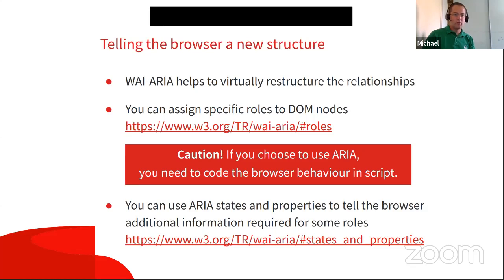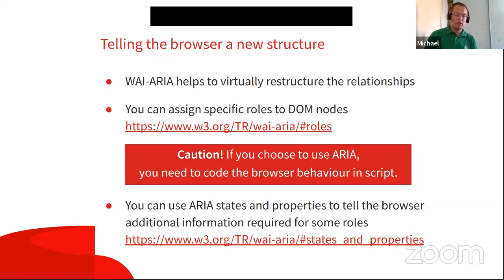Telling the browser the new structure was not that easy, but we figured out that here also ARIA helps to virtually restructure the relationships. And so we were able to find roles we could assign to the DOM nodes, but you have to be very careful with that, because if you choose to use ARIA, you need to code the browser behavior in script.